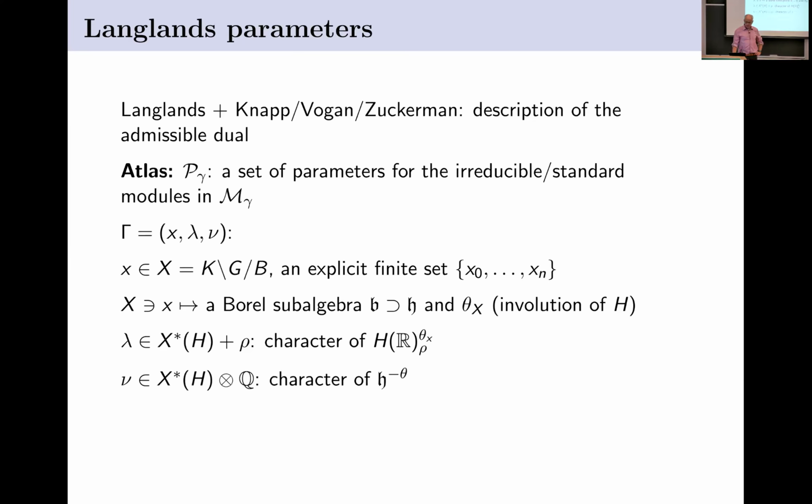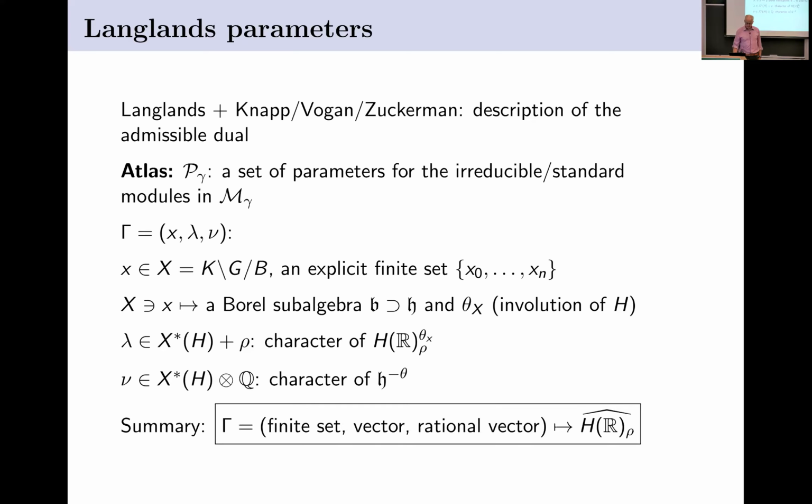And you're also going to be given an element, excuse me, of the rational, X upper star tensored with Q, and that corresponds to having a character of the minus theta part of the Lie algebra.